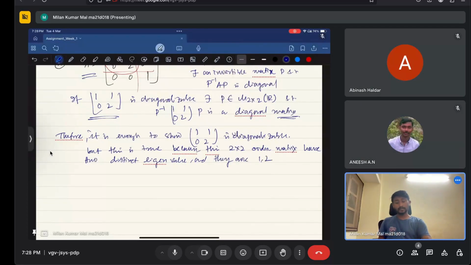So as this matrix has two distinct eigenvalues 1 and 2, therefore this matrix is diagonalizable.